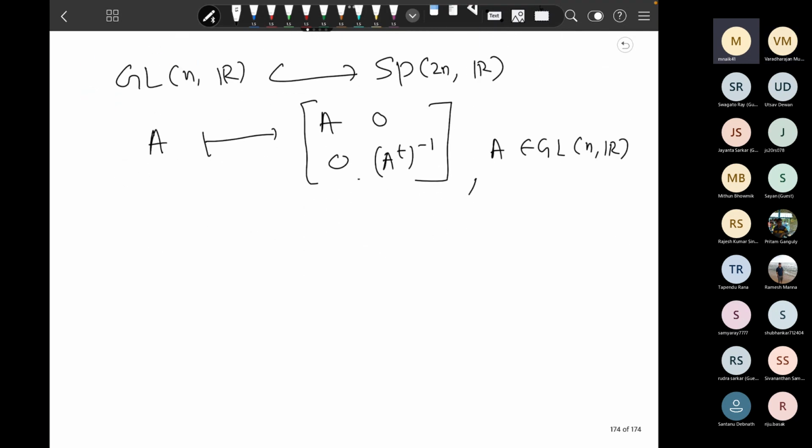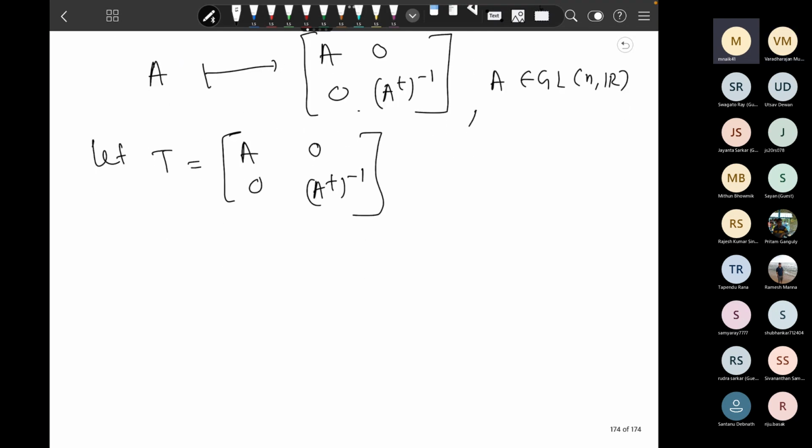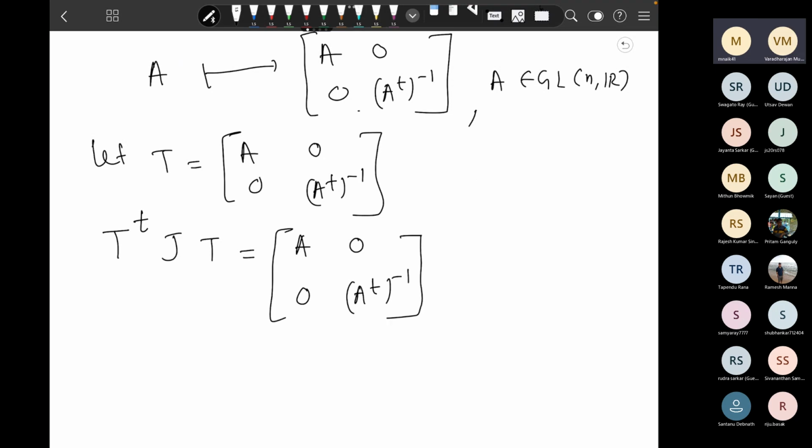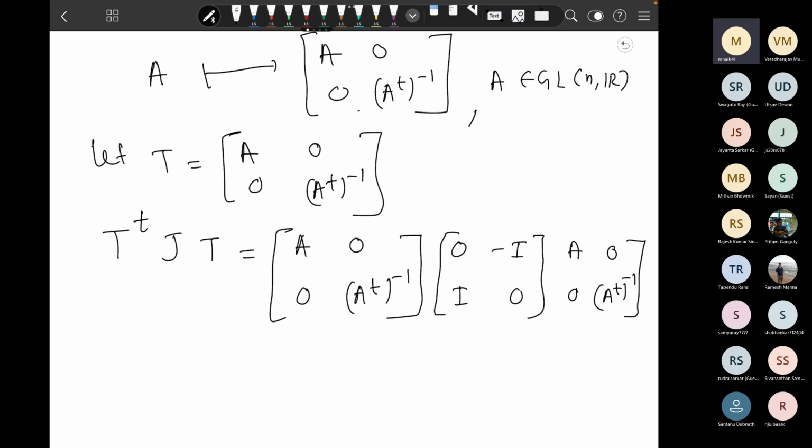Let T be equal to [A, 0; 0, A transpose inverse]. What I have to check is T transpose J T. So this is really [A, 0; 0, A transpose inverse], and J is [0, I; minus I, 0], times [A, 0; 0, A transpose inverse].